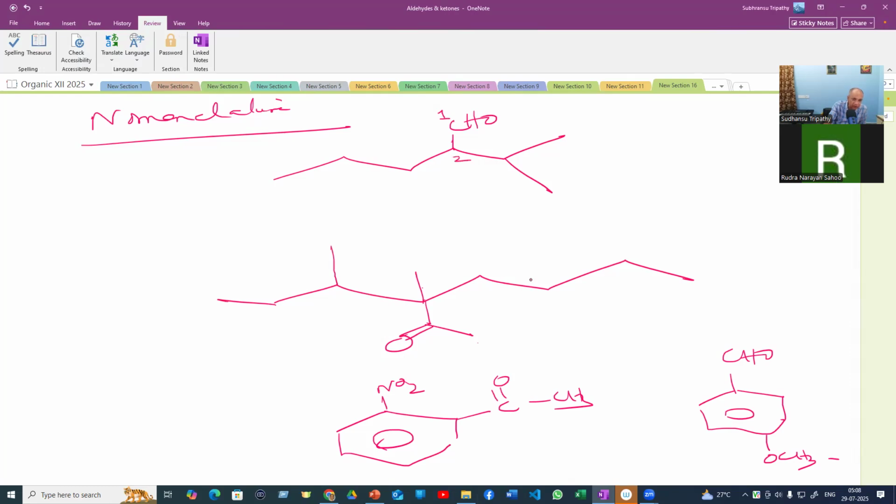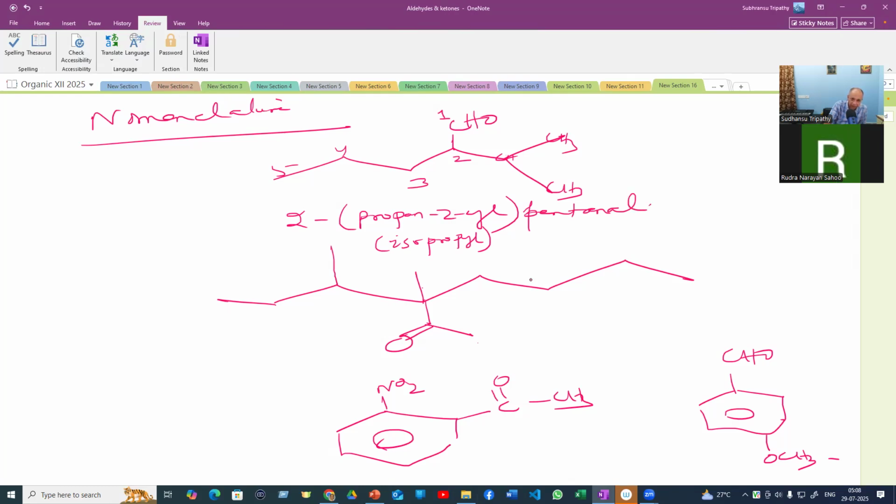Then longest chain 1, 2, 3, 4, 5. So this will be propan-2-yl or isopropyl, or 1-methylethyl, as still people call it, but I don't. You can write isopropyl, no harm, everybody will understand. And then this is pentanal.